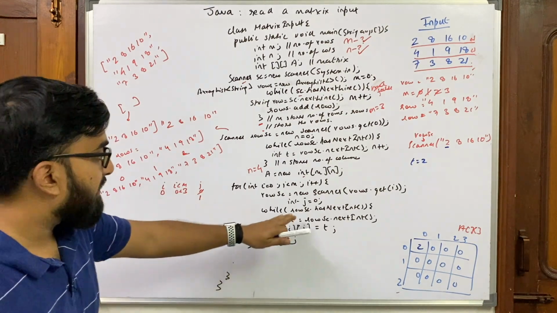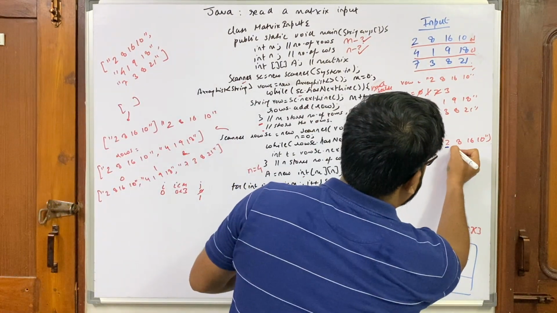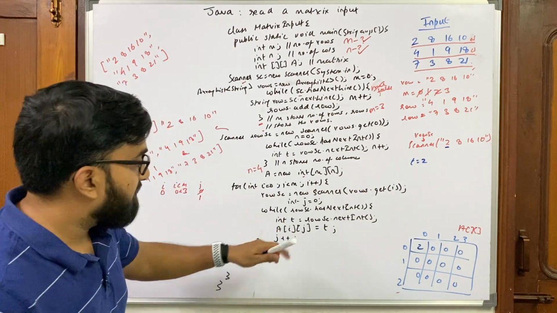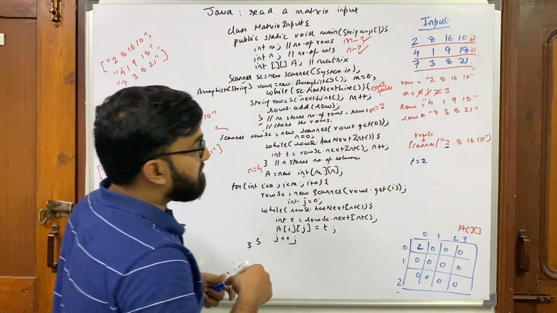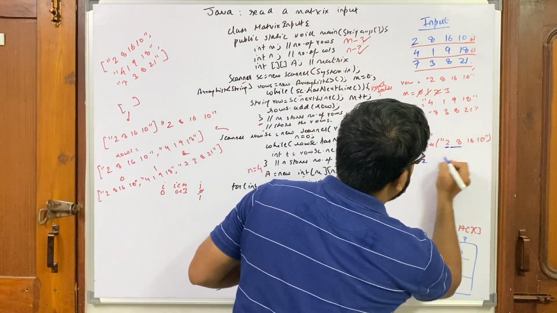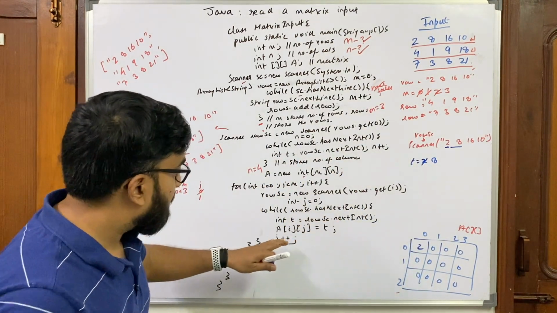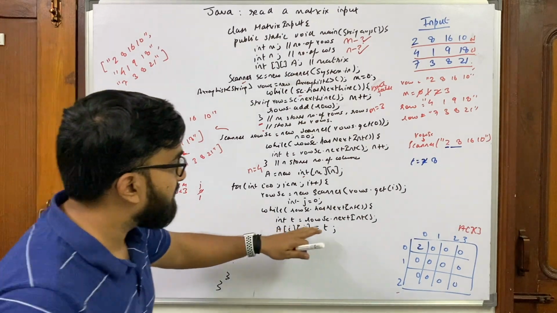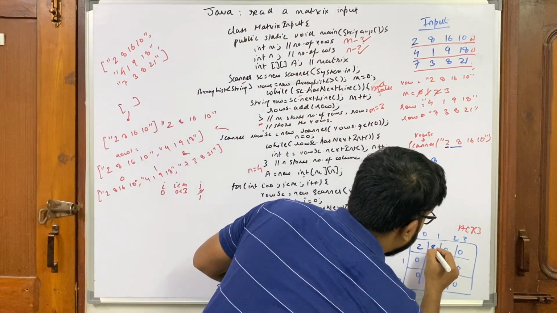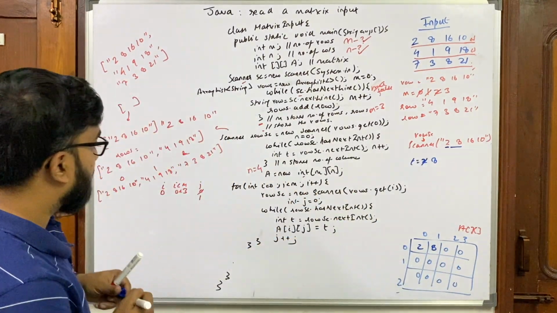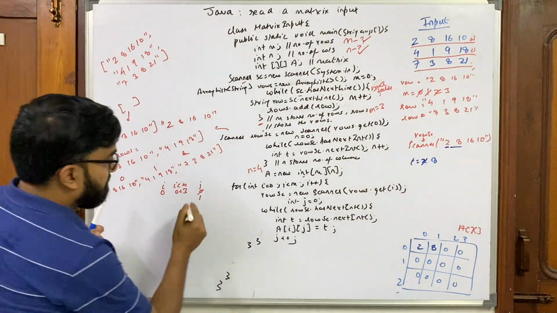You go back, sc has next int is true since from here we find 8. t is sc.nextInt, this is ignored, 8 is returned, and t now becomes 8. So a[0][1] is 8. We do j plus plus, and j becomes 2.